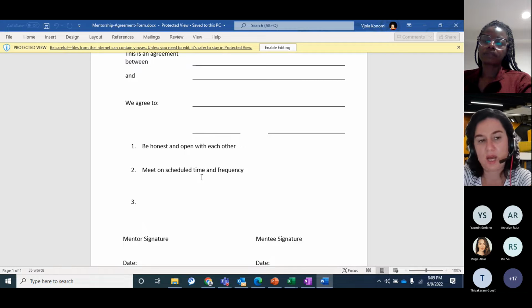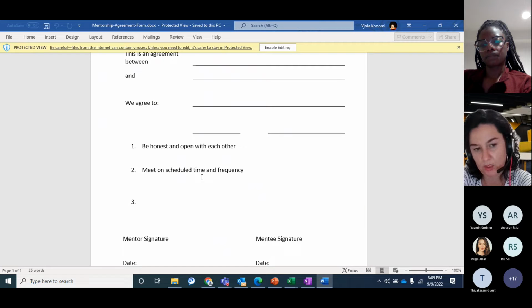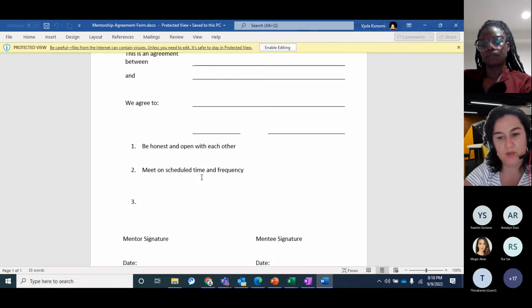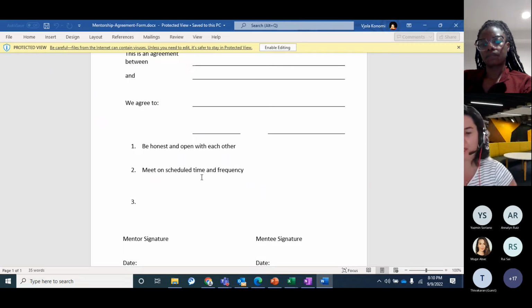So try to do some prep work and prepare all the sessions with your mentor in advance. Then you don't have to think about, okay, when am I going to meet next with my mentor, or my mentor is not sending me any email, so I'm not sure when they are available, and just leave it at that.